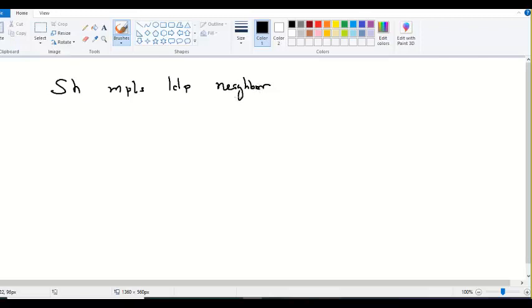This will show you the established MPLS neighbors, the list of neighbors with whom LDP neighborship is established. Means with whom LDP can share the updates.